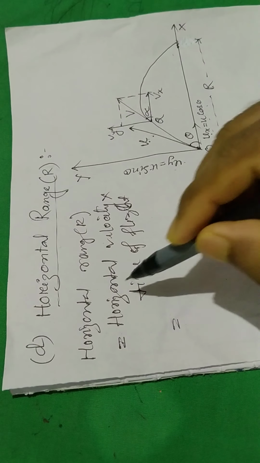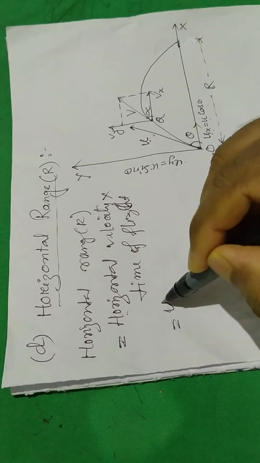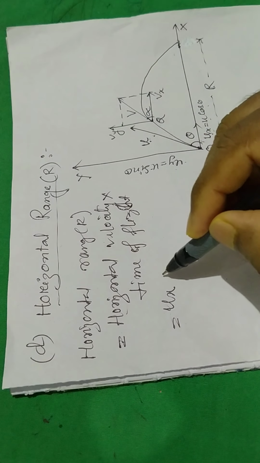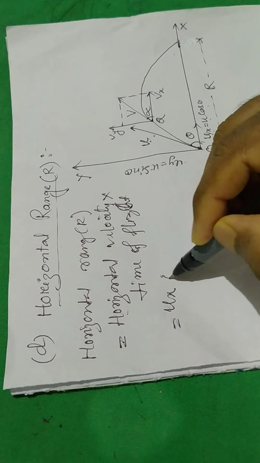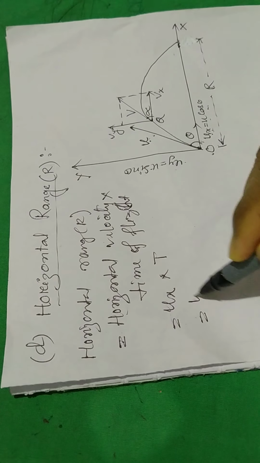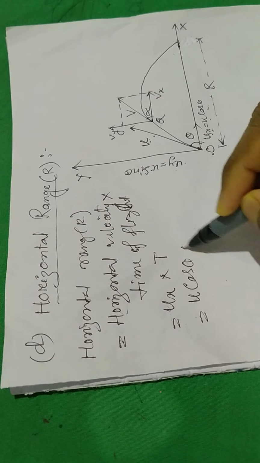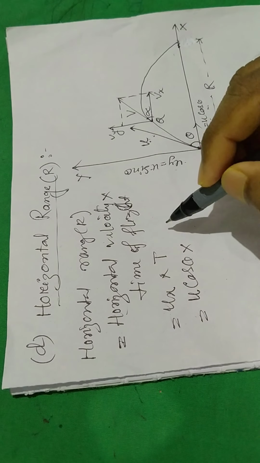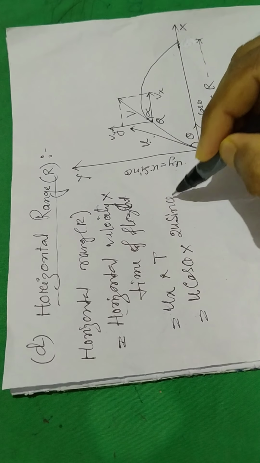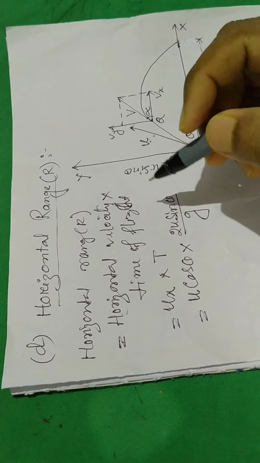We have horizontal velocity ux, and the time taken is called time of flight, which is denoted by capital T. Ux equals u cos theta, and we already know the time of flight is twice u sin theta by g.